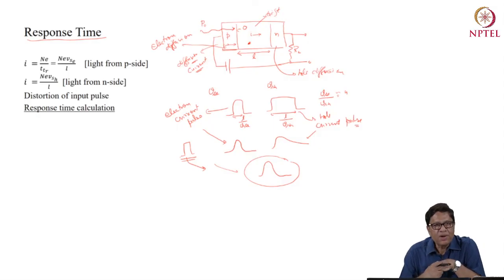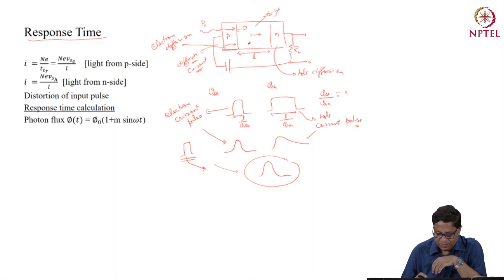So now let us try to calculate the response time. What is the maximum bandwidth I can achieve in a photodiode? And if I want to improve, what are the ways of improving it? So let us do some calculations to understand the response time.